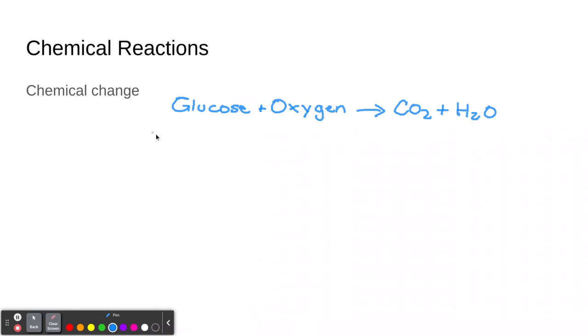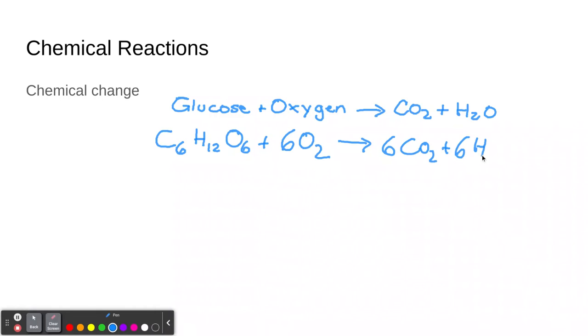And the formula, like I said over here, we need 6 carbon molecules, 12 hydrogen molecules, and 6 oxygen. Plus, we need 6 of the O2, and that will yield 6 CO2 plus 6 H2O molecules. And this will be cellular respiration.